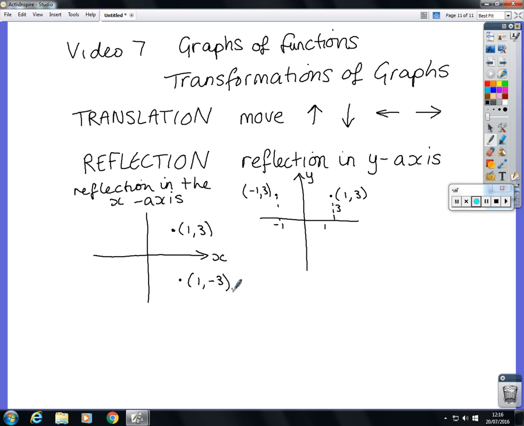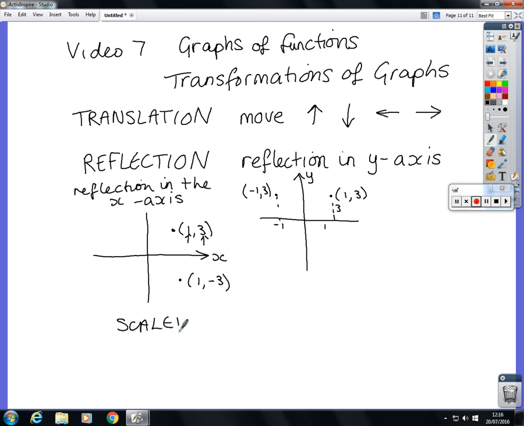So the coordinate that changes is not the x coordinate, this one, it's actually the y coordinate. So think about it in a picture, draw a picture and imagine where the mirror goes to reflect a graph or a coordinate point. There's another kind of transformation, which is a scaling.